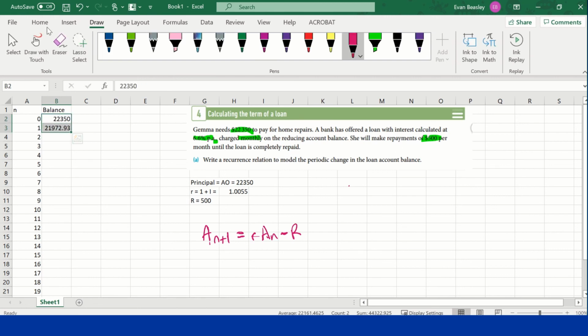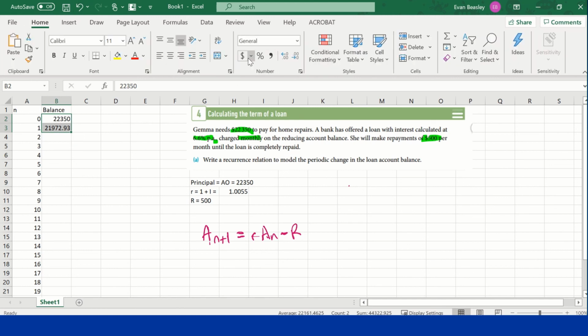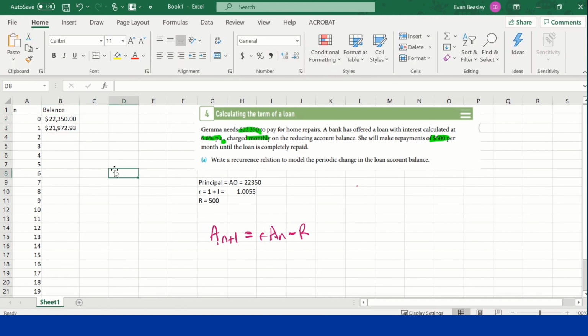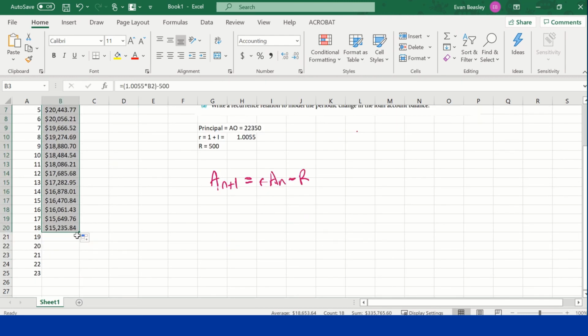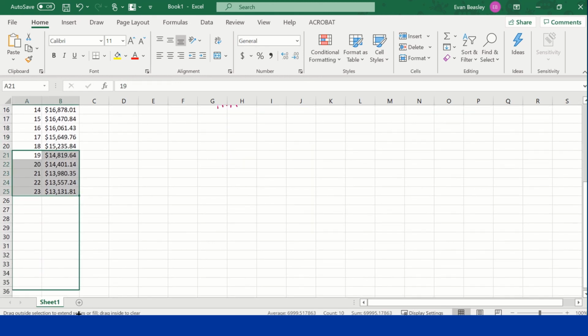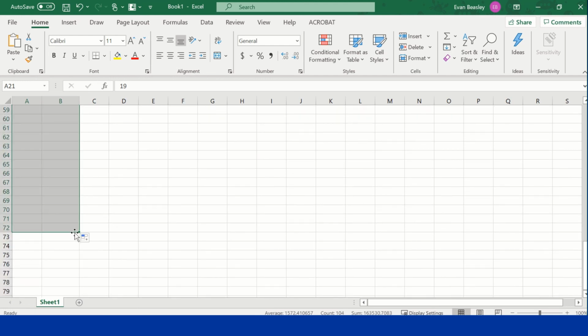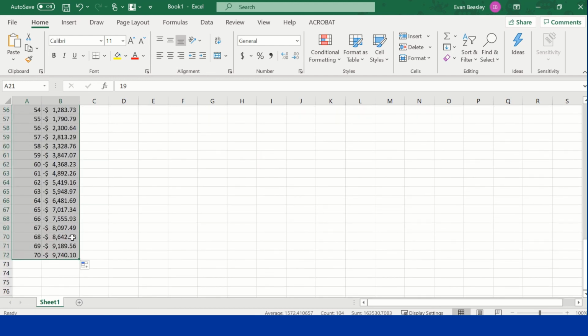I should make that pretty with the formatting, so that's all in money formatting now. Let's see how this reduces. I might continue until I can see where it hits 0. Whoops, I've gone way too far.